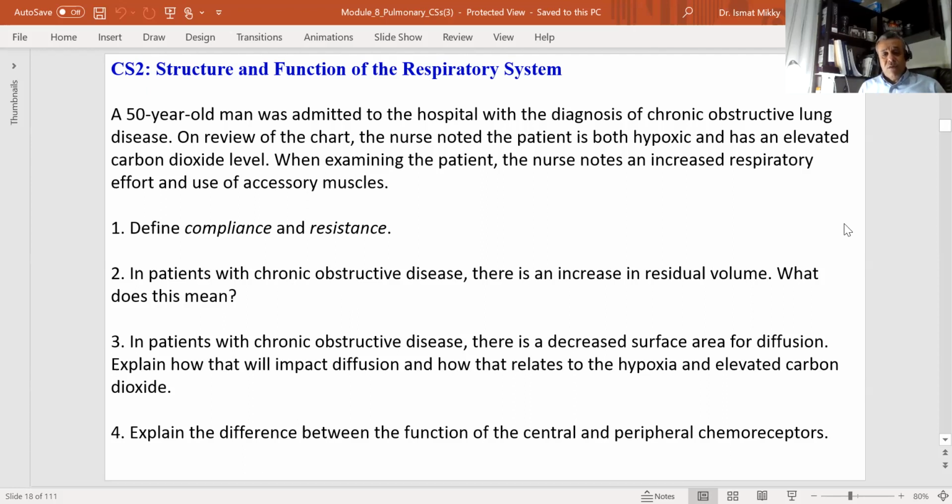Now, the peripheral chemoreceptors are responsive to the levels of oxygen in the blood, not the CO2. They are responsive to the levels of PaO2, the oxygen level in the blood, not the CO2 like the central chemoreceptors.